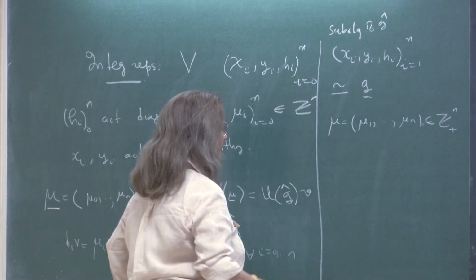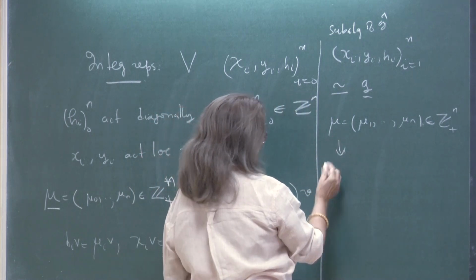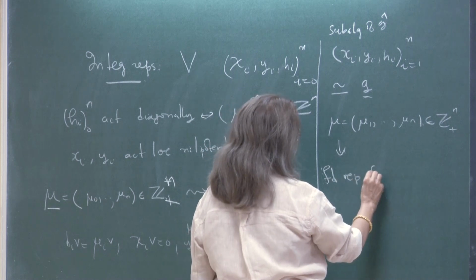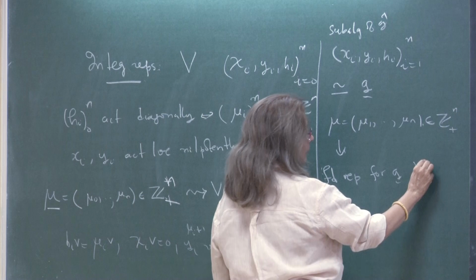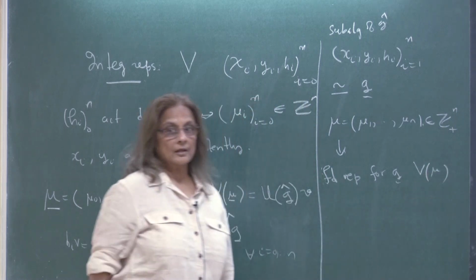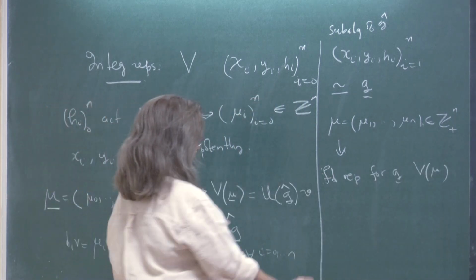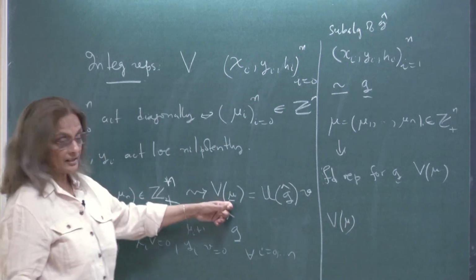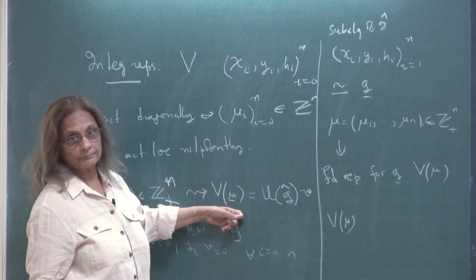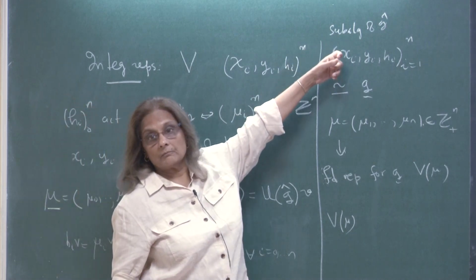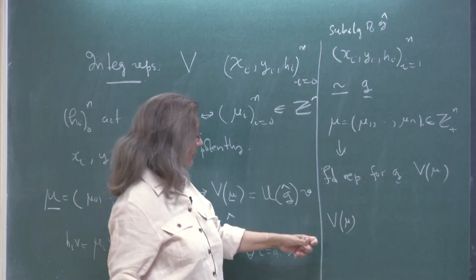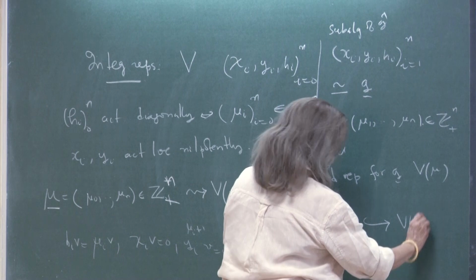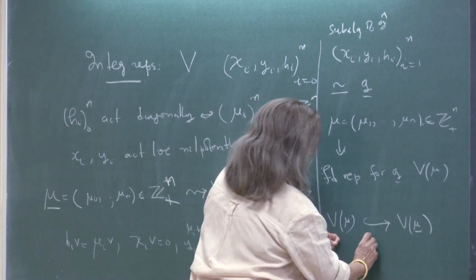This defines a highest weight, so a finite dimensional representation for g, which we can call V mu. So the fact is that V mu is included. This V mu underline is a module for g hat, so we can regard it also as a module for the subalgebra. So we have an inclusion of V mu in V mu underline as g modules.